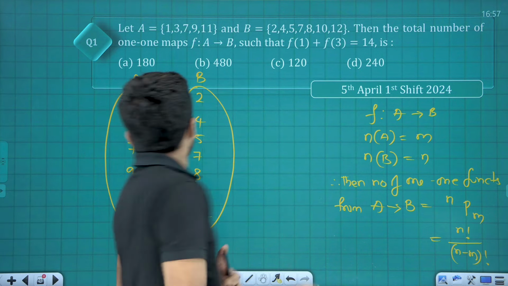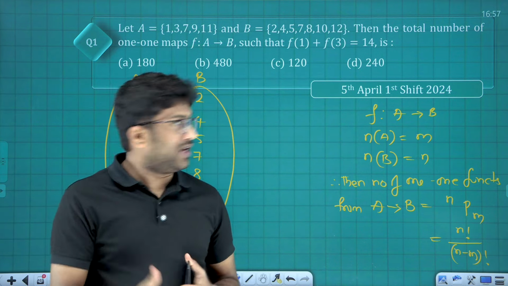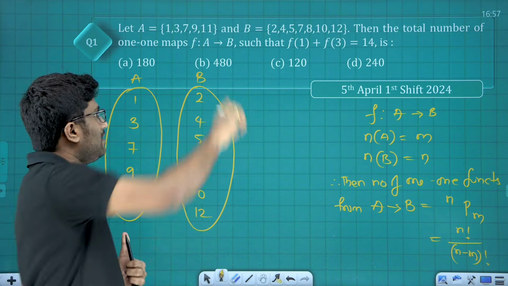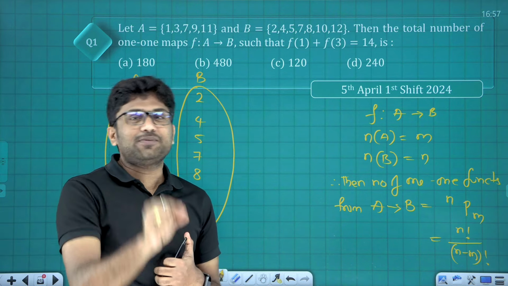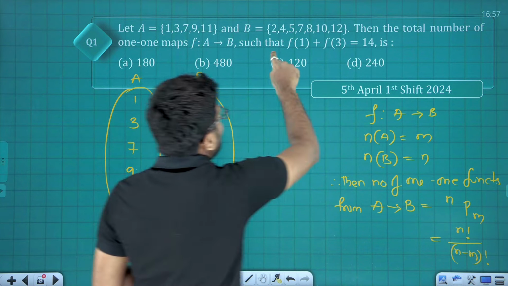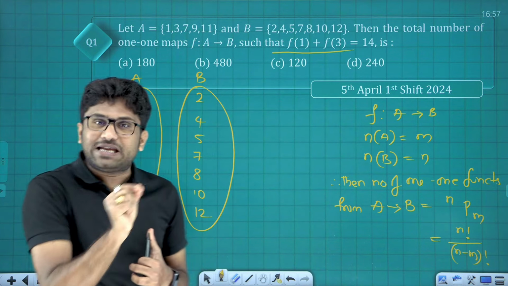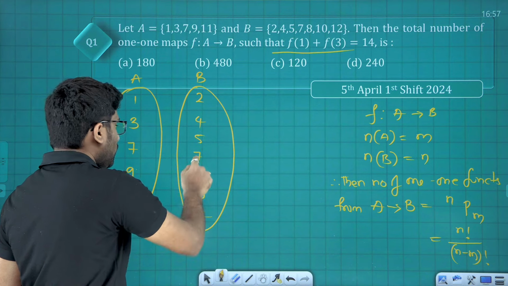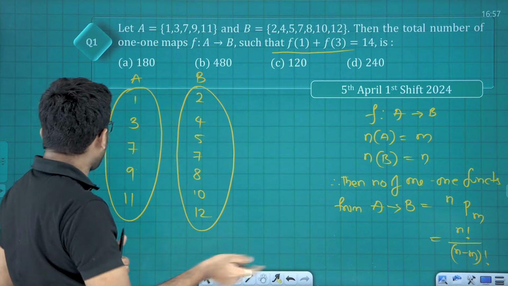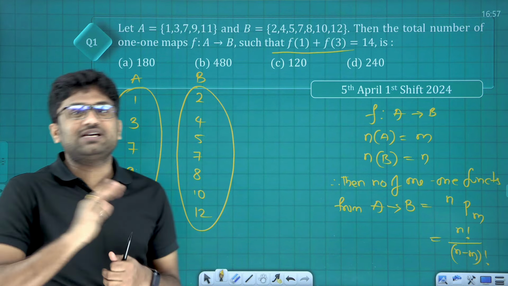Then the total number of 1-1 functions, that's fine. But they have given that f of 1 plus f of 3 is equal to 14. Friends, imagine if they were not asking this particular condition, then the total number of 1-1 functions is directly 7P5. Answer is 7P5.